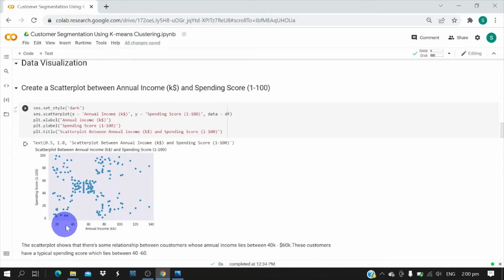Here you can see that customers who earn between $20,000 and $40,000 annually have a spending score of between 0 and 40, meaning that they don't spend so much at the retail store.